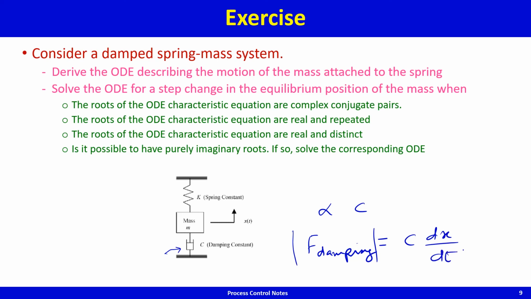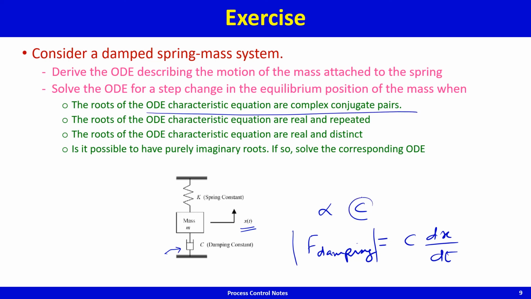Yeah. So solve the ordinary differential equation describing the motion of the mass tied to a spring, where x is the deviation from the equilibrium position. So solve the ODE for a step change in the equilibrium position of the mass when roots of the ODE characteristic equation are complex conjugate pairs.